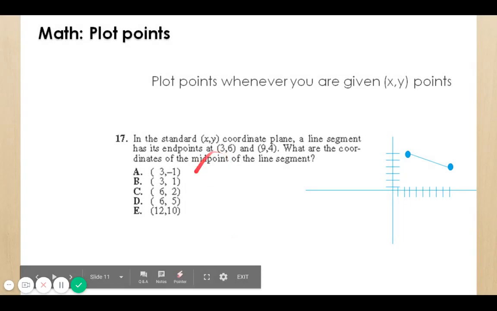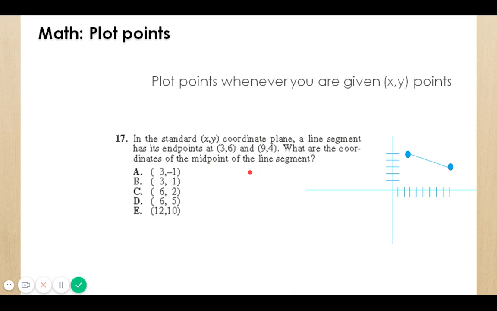For any problem that has coordinate points, I recommend that you go ahead and plot them out. So number 17 here, in the standard XY coordinate plane, a line segment has its endpoints at 3, 6, and 9, 4. What are the coordinates of the midpoint of the segment? So you could see if I actually draw these little tick marks versus just saying it's over here in this quadrant. 3, 6 is here. 9, 4 would be here. So the midpoint would be somewhere around here.